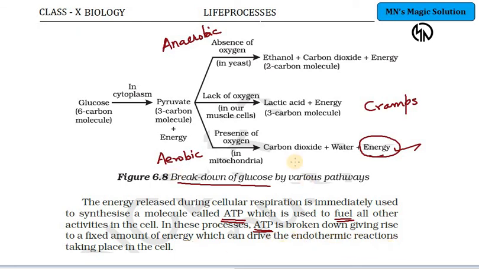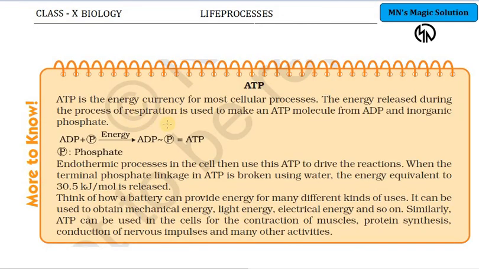The exothermic reaction that happens in our cell is respiration, whereas all the other processes in the cell are endothermic reactions, because they require energy and derive that energy from the ATP which is a byproduct of this respiration process. So ATP is the energy storage.